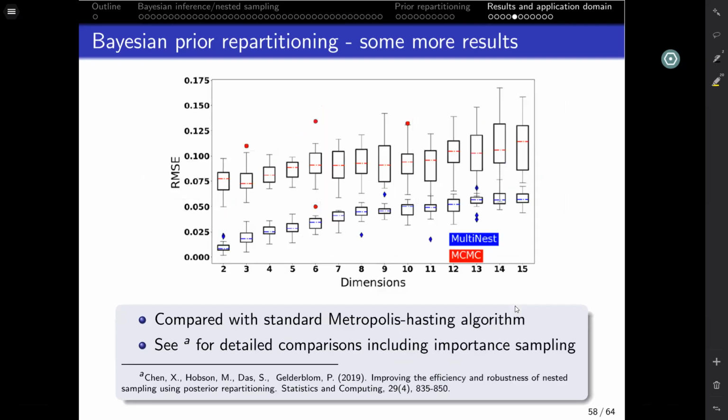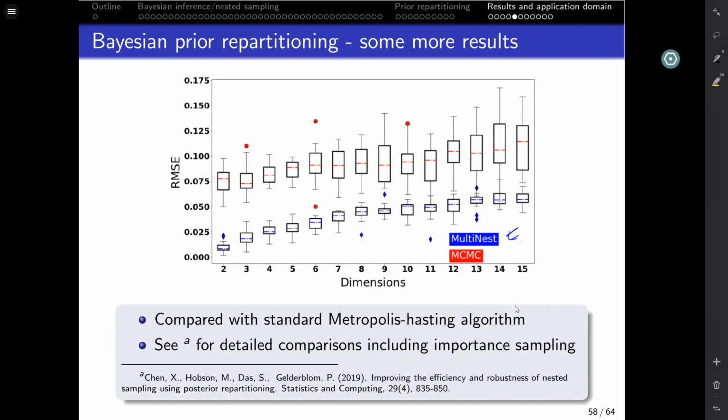And we also compare this algorithm with the standard MCMC, the Metropolis testing, and also importance sampling. If you're interested in that, please refer to the paper for the details. These methods with the BPR equipped, well, MultiNest is one of the implementation versions of the nested sampling algorithm.